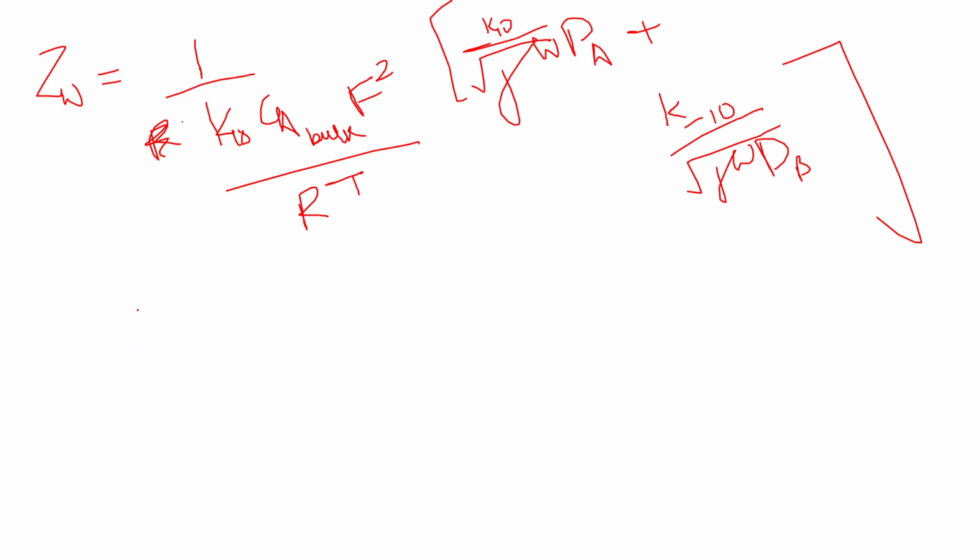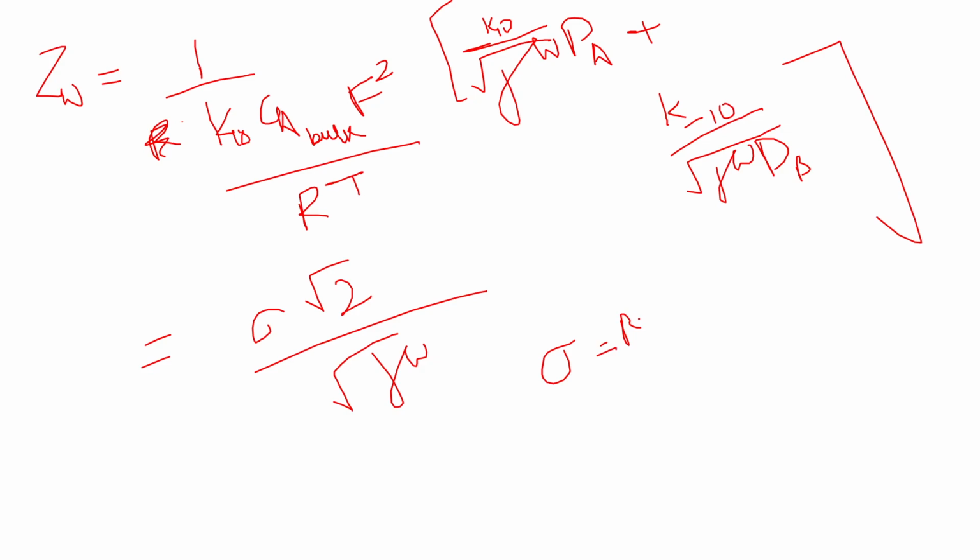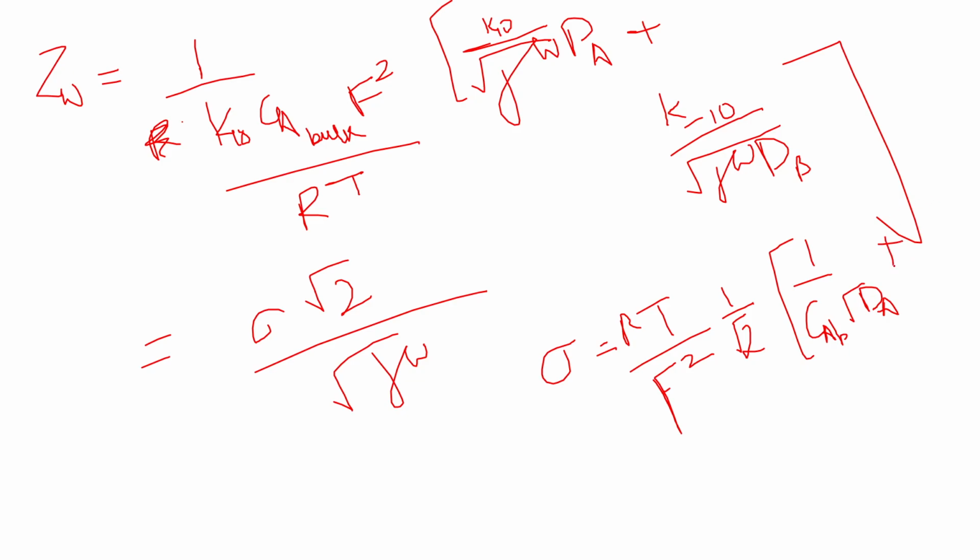So if I take the reciprocal and solve it, I'll get something of the form sigma root 2 by j omega, where sigma equal to RT by F square, 1 by root 2, into 1 by CAB dA plus, so if you solve this, you'll get something of this form.